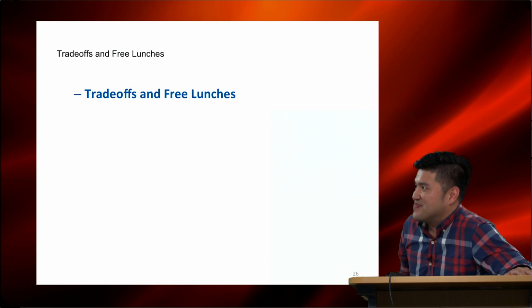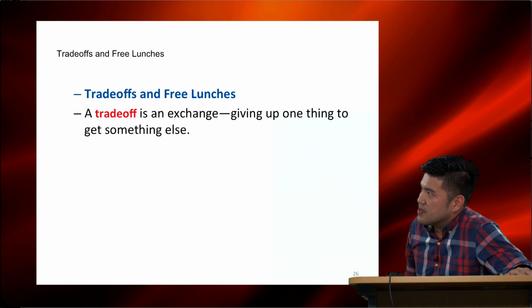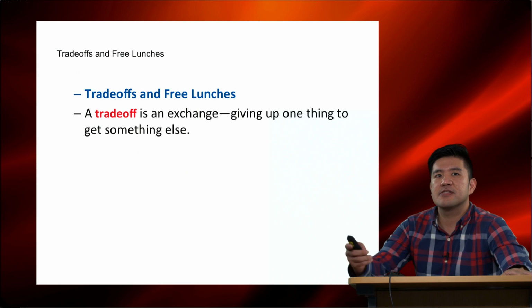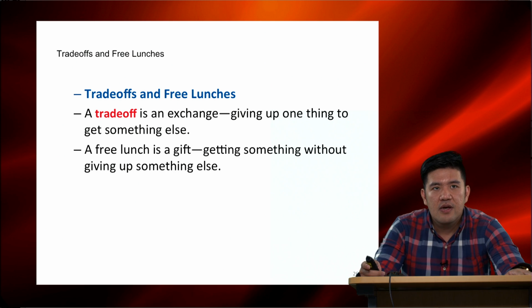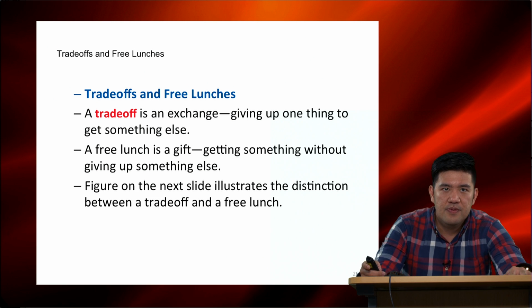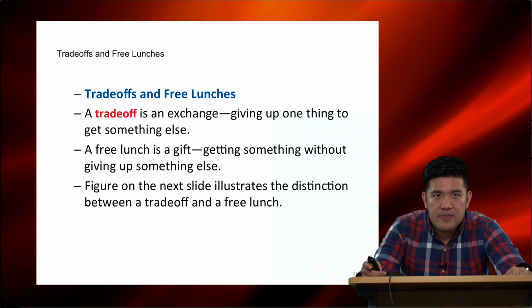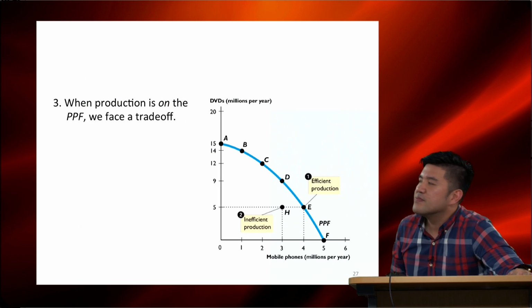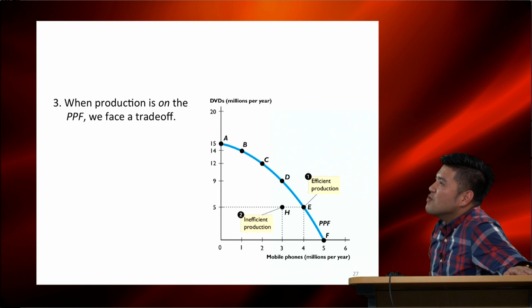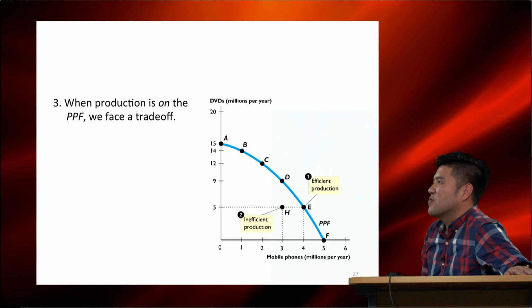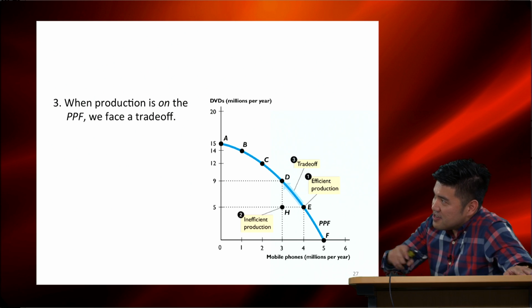Let's go deeper. A trade-off is an exchange, giving up one thing to get something else. A free lunch is a gift, getting something without giving up something else. When we produce on the PPF, we are facing a trade-off. Okay, can you look at this, guys?